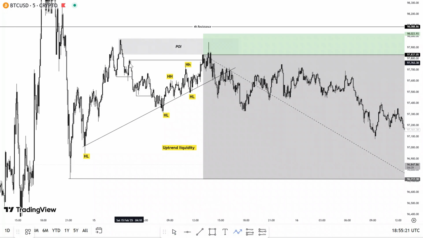Now, if you observe, the manner at which the market approached my point of interest is that it was constantly creating higher lows and higher highs.